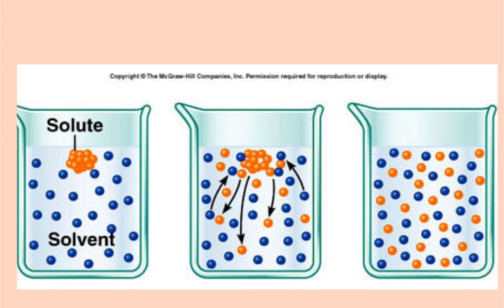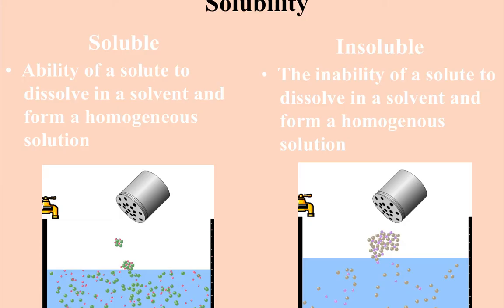But essentially, the solute will have to disperse for the most part, and it's going to disperse from a higher concentration to a lower concentration until it reaches equilibrium. So something is soluble if it has the ability of a solute to dissolve in that solvent, and it forms this homogeneous solution.